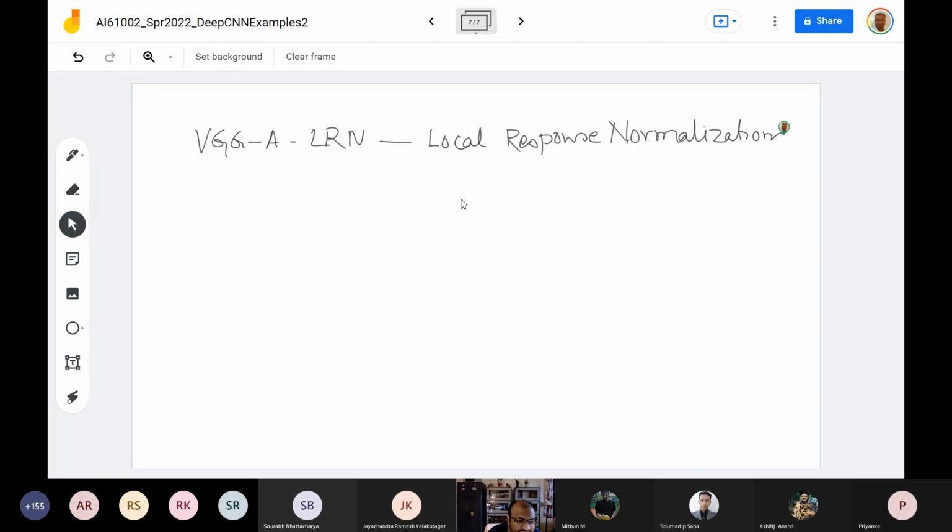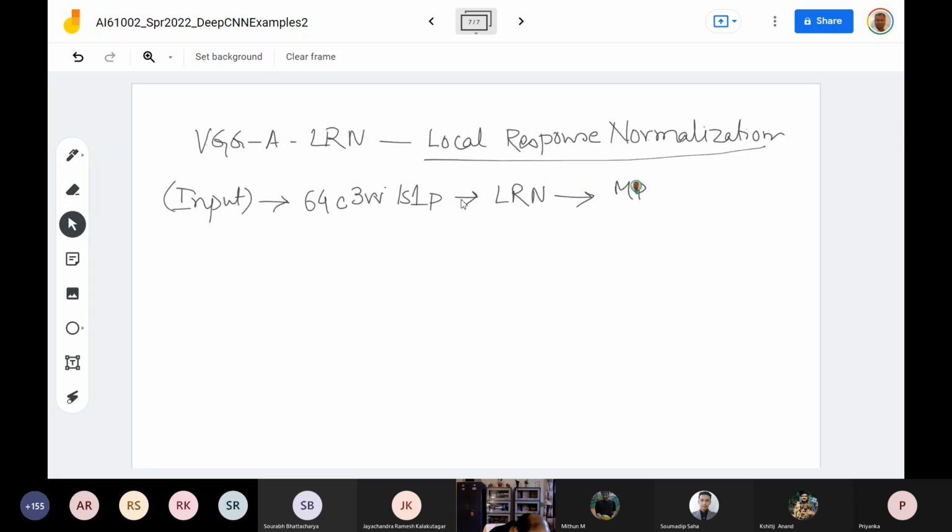In LRN, you don't put it down everywhere, but only in the earlier layer. So you have the input, you go to 64C, 3W, 1S, 1P. From there, you have this LRN. And from here, you go to this max pool, 2W, 2S.